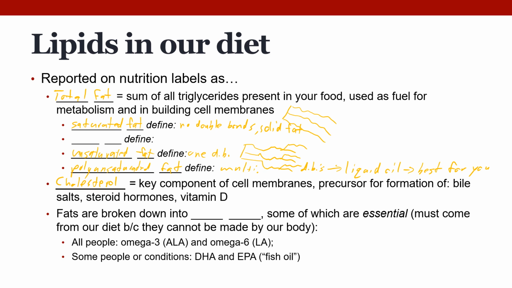Okay, if you take an unsaturated fat and you resaturate it by hydrogenating it, you get what's called a trans fat. And these are by far the worst for you because your body doesn't really know what to do with an artificially hydrogenated fat.